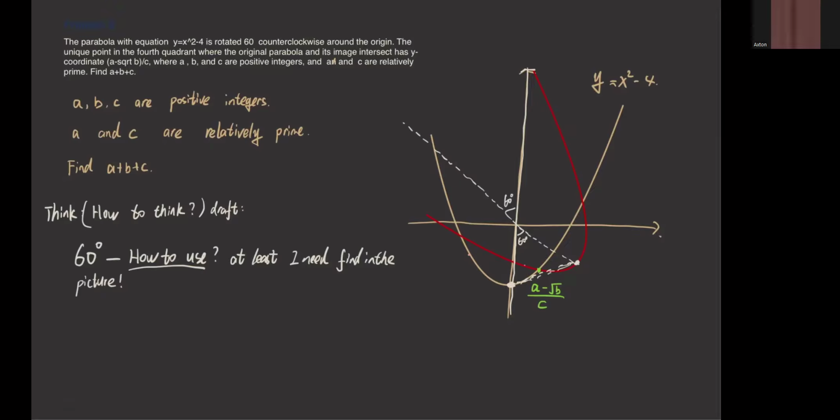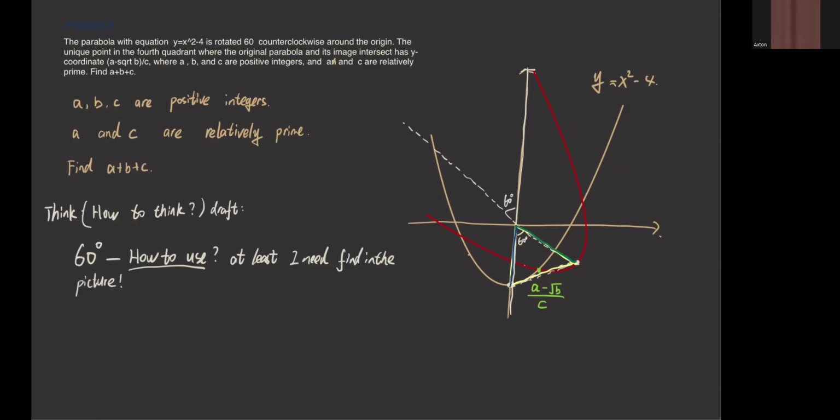But where are they? How to find that? Because this triangle is very, very special, right? My blue is the previous one, and my green is the new one.